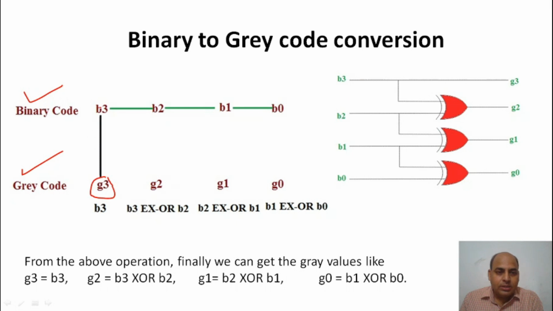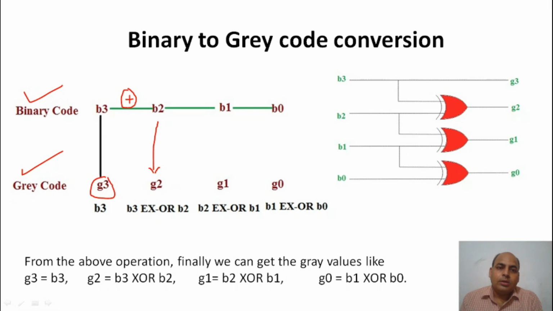Then for B3 and B2, we form the XOR gate between B3 and B2, and whatever the result is, it is to be written at the second MSB position.